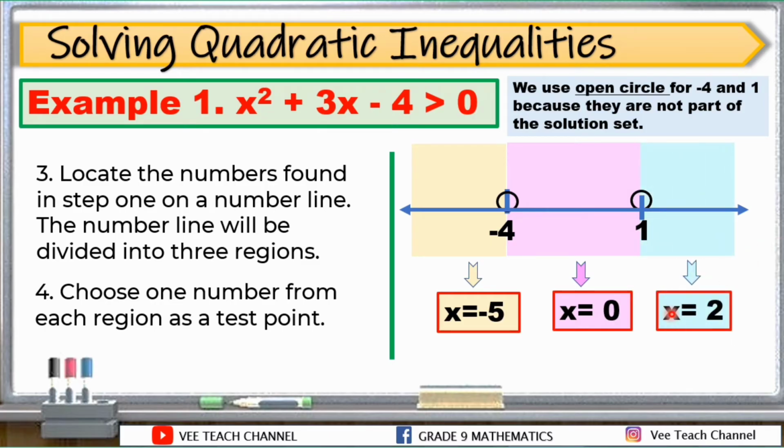Then dito sa pangatlong test point natin, kuha tayo ng numbers na mataas sa 1. Ang kinuha natin na pinakamababa na mataas sa 1 is 2. Kaya ang ating pangatlong test point is 2. Again, we have 3 test points, negative 5, 0, and positive 2. Now that we have these test points, what is the next step?